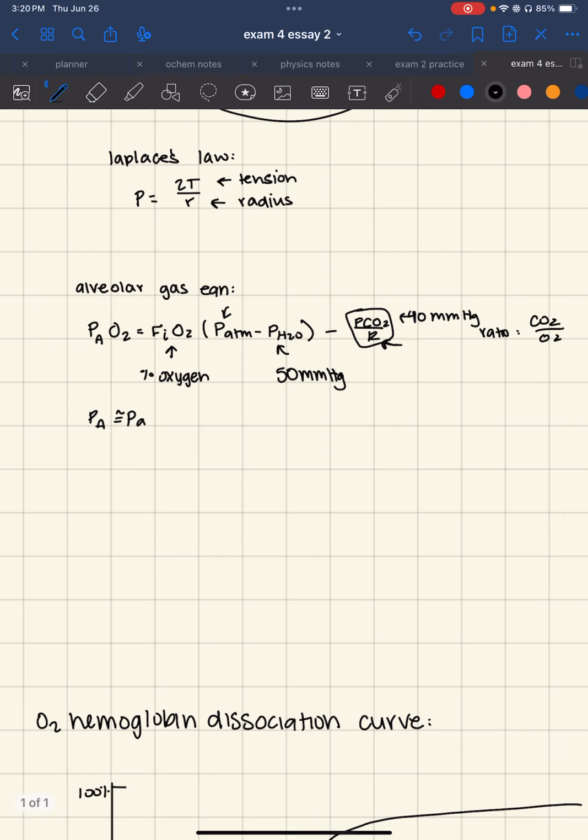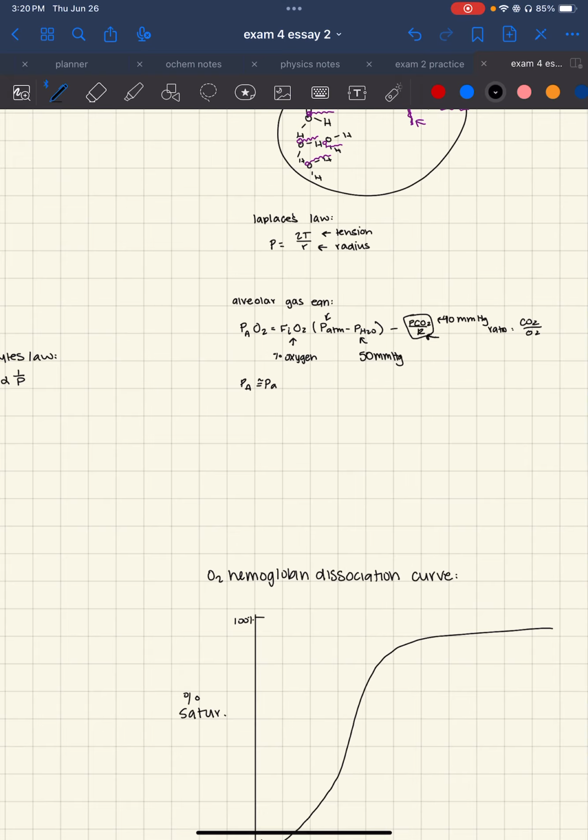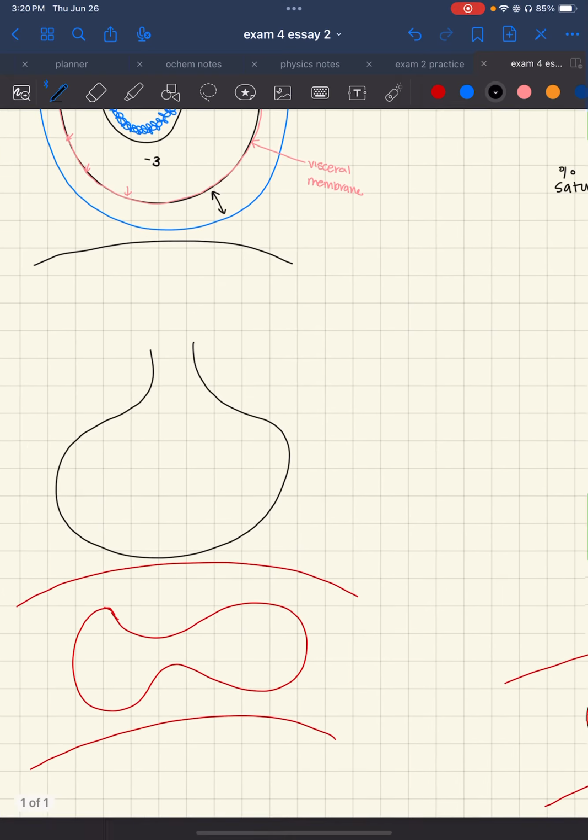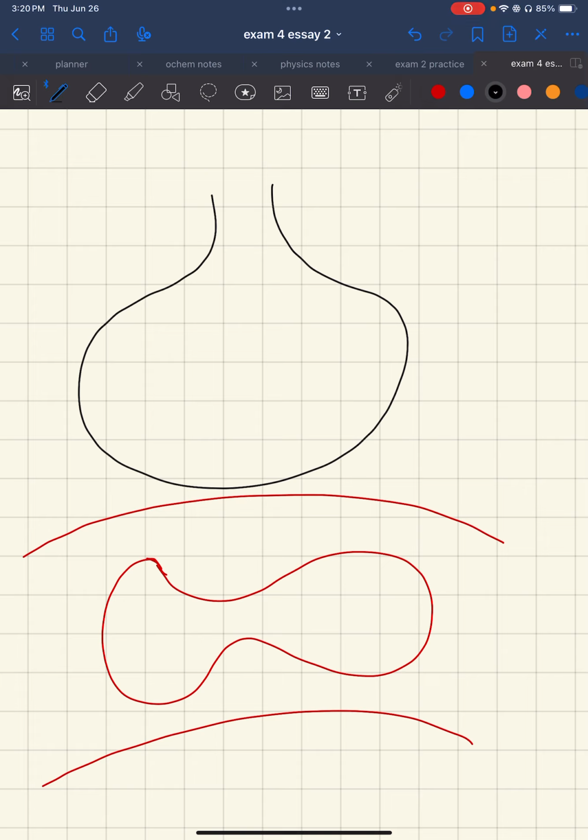Okay, so how CO2 and O2 are transported in the blood. So this is the alveolus, and I'm going to say that this blue is the partial pressure of oxygen in the alveolus, and this green is the partial pressure of carbon dioxide in the alveolus.